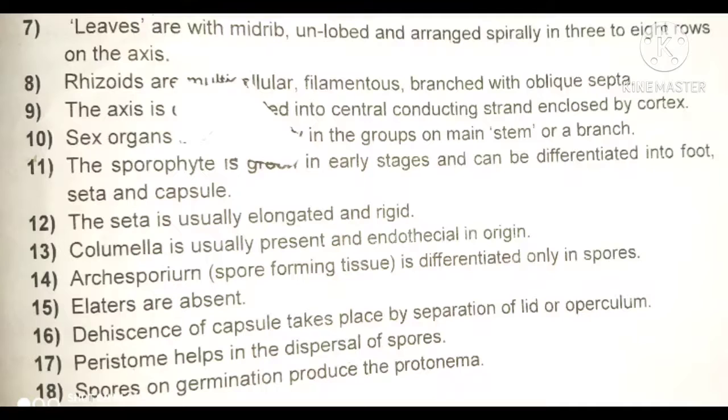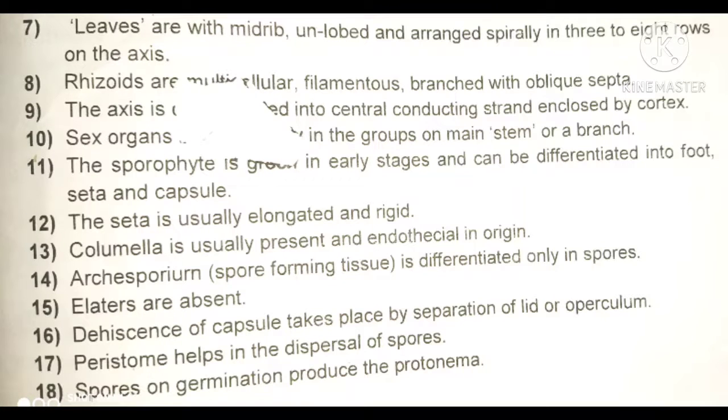That sporogenous tissue produces similar kinds of spores, and after maturity, the capsule dehisces by the opening of the operculum, and for dispersal of the spores, the peristome teeth help, and the spores come out.